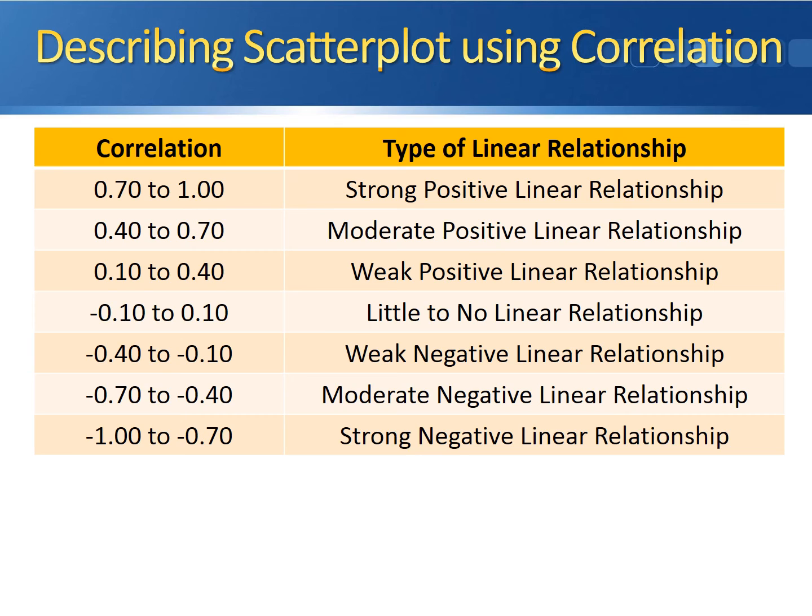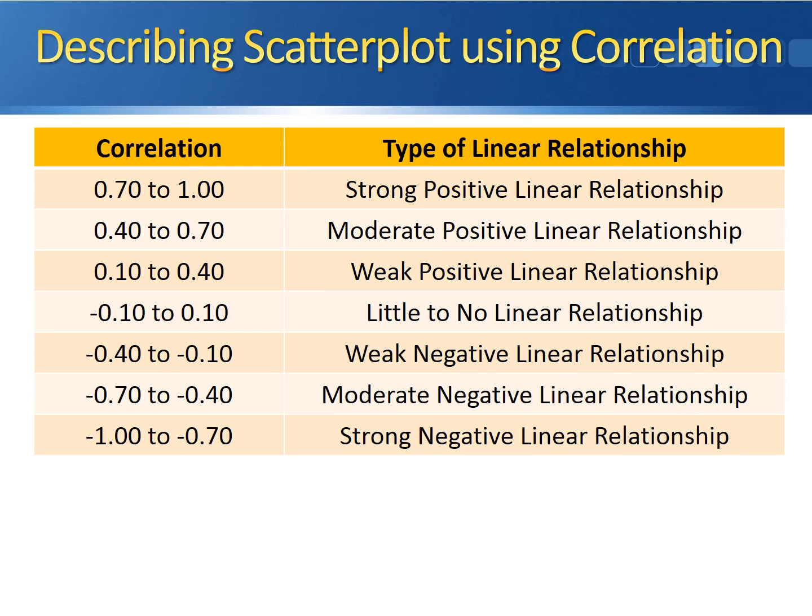If the correlation is between 0.4 and 0.7, we have a moderate positive linear relationship. A correlation between 0.1 and 0.4 indicates a weak positive linear relationship, and a correlation between -0.1 and +0.1 indicates little to no linear relationship.